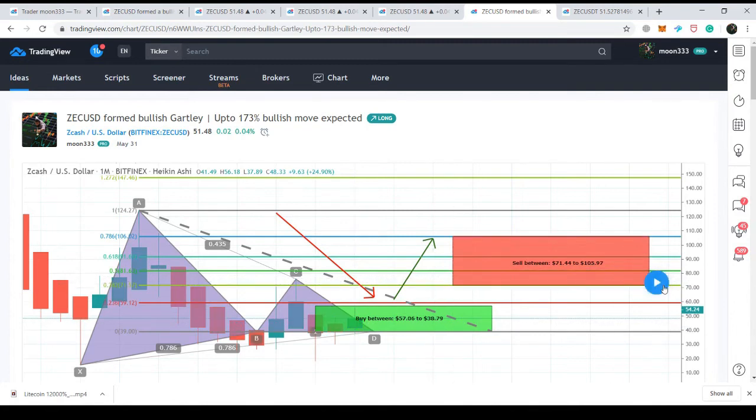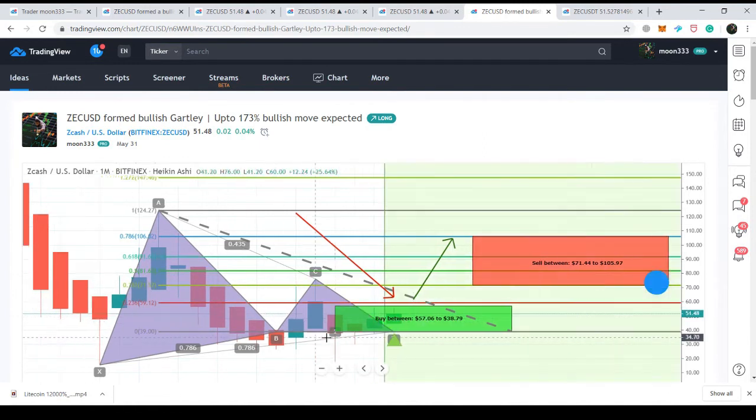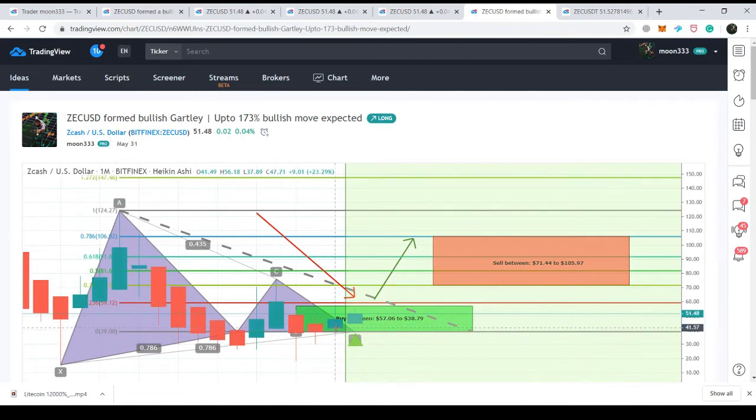Now I'm playing this chart, and you can see that at this time the price action is gearing up, and we have another green bullish candlestick that is closed above the shoulder of the previous candlestick, and this candlestick was also closed above the shoulder of this previous candlestick.